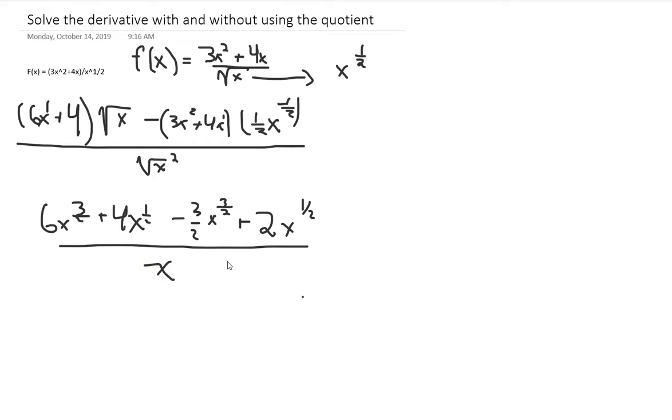Now we can reduce our terms on top, because if you notice we need to combine like terms, and so we have x to the 3/2, x to the 3/2 here, x to the 1/2, x to the 1/2 here. So we can combine those and just get it down to 2 terms on top.